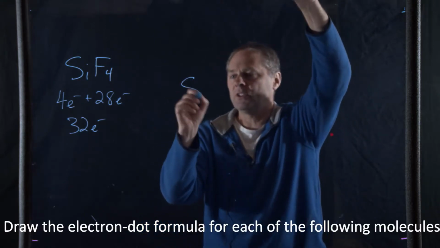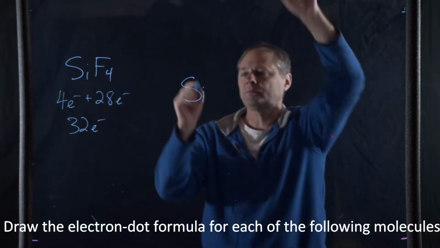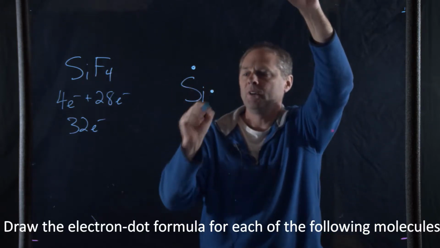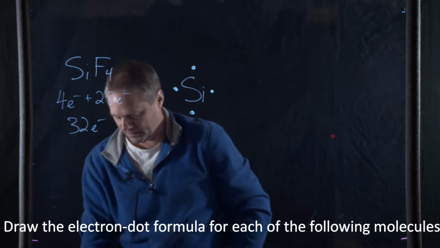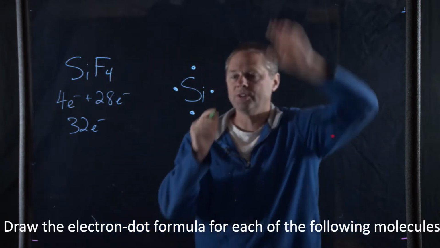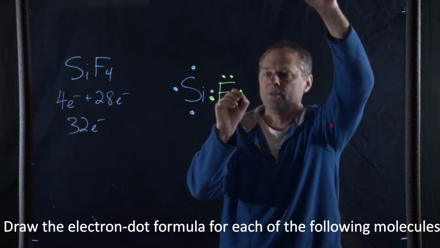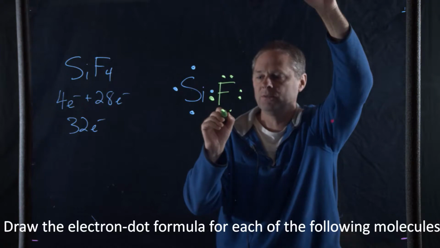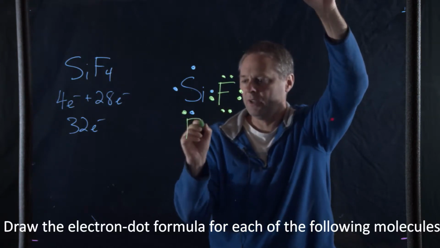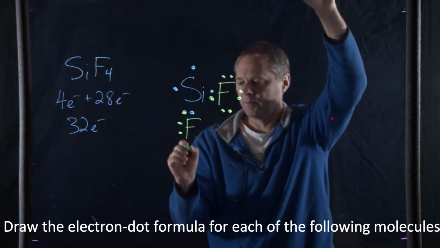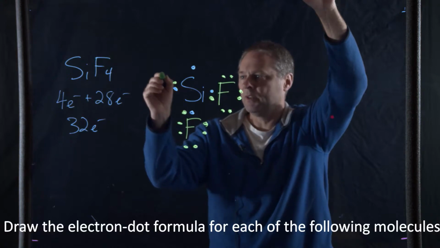So if we start with our silicon, and we put the 4 electrons around it, then we can now fill in the fluorine. So there's 1, 2, 3, 4, 5, 6, 7. Have another one there. Have another one here.